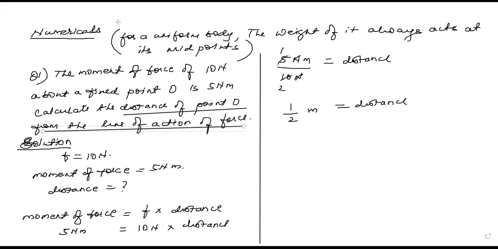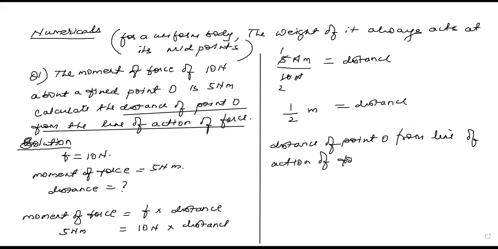Therefore, distance of point O from the line of action of force is equal to half meter, that is nothing but 0.5 meter. Got it? So this becomes your answer.